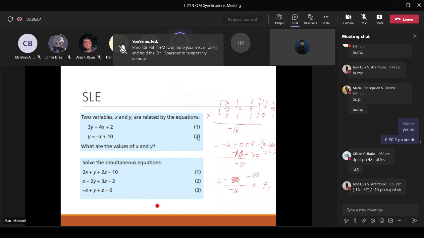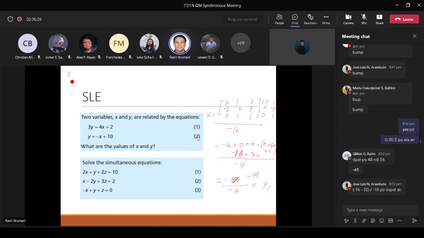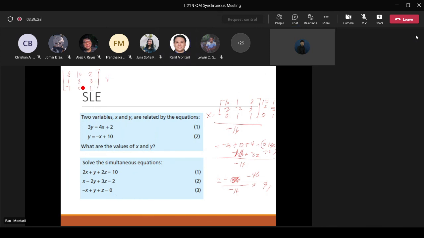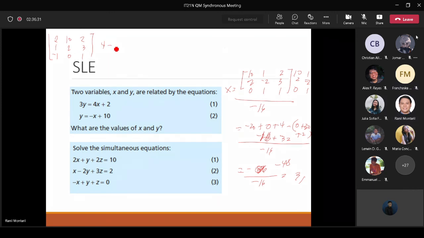Now, again, this is 2, 1, negative 1. Replace the y column. So, 10, 2, 0. Then 2, 3, 1. Agree? This is my y. So this will become 4, 4, and then negative 30, and then 0. 2, 1, 0.